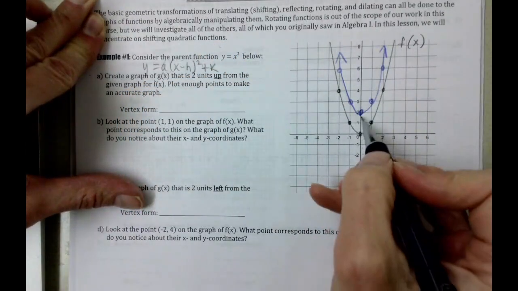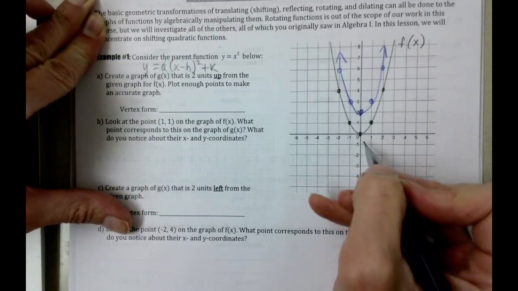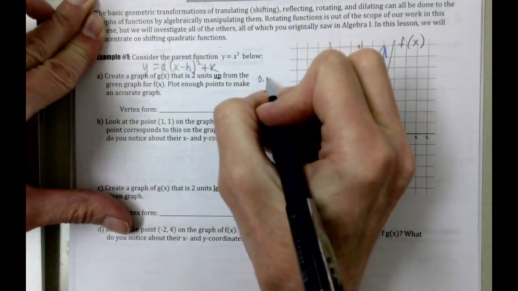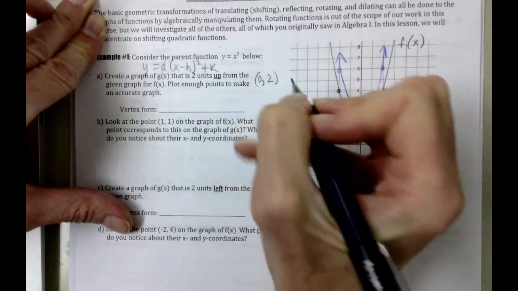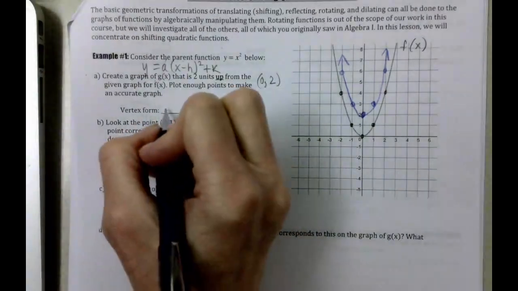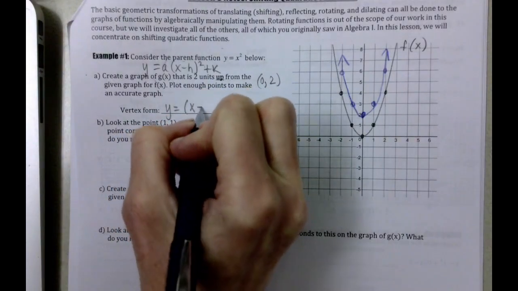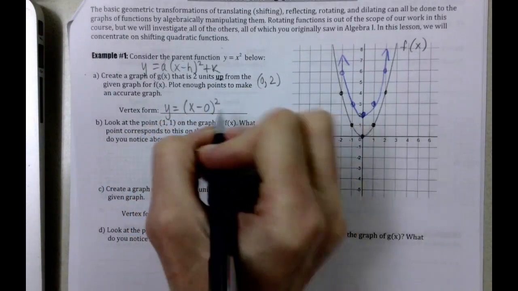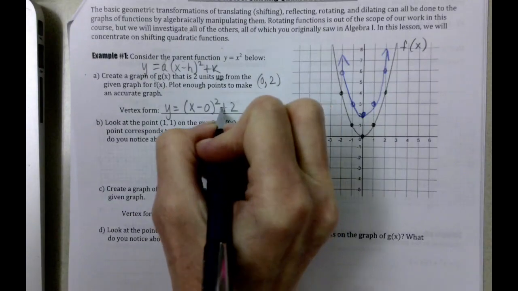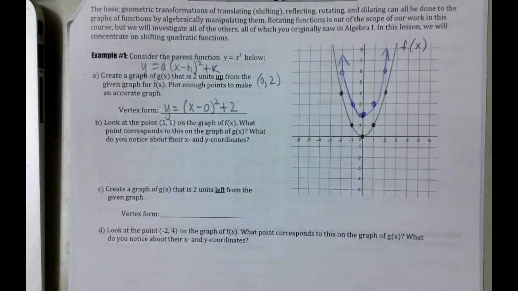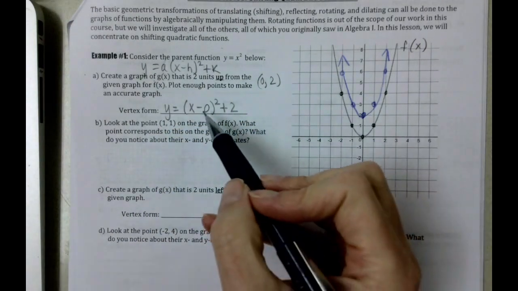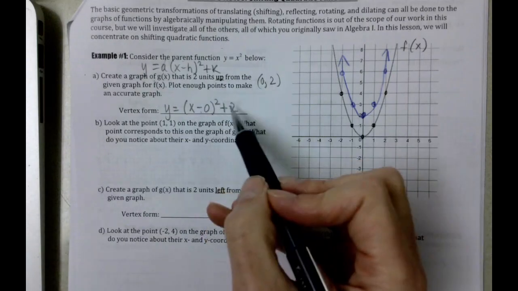The vertex of our blue picture over here is (0, 2). So when we put this in, we're going to get y equals (x minus 0) squared plus 2. And I am going to leave it in that format because then we can go from here to here.